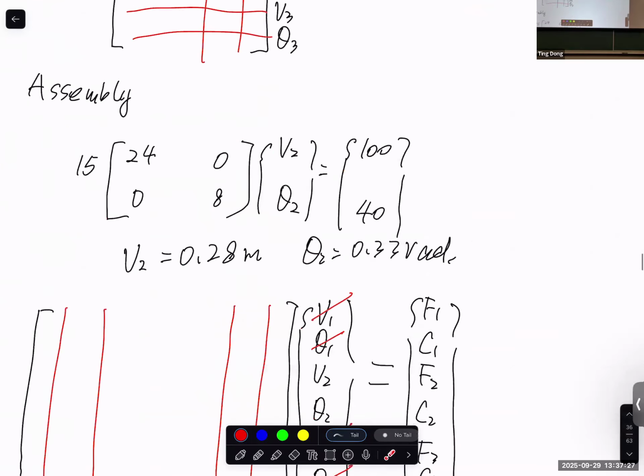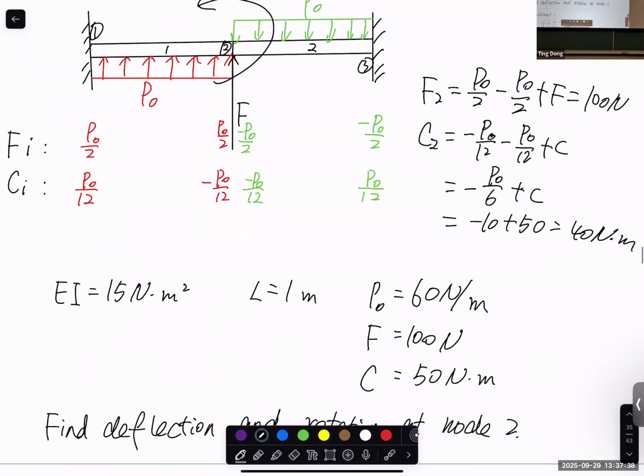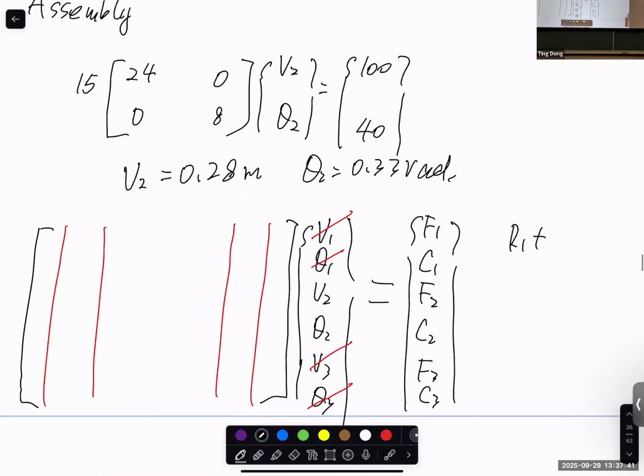So if I write in equation form, I should write this one as R1 plus half of P naught and C1.